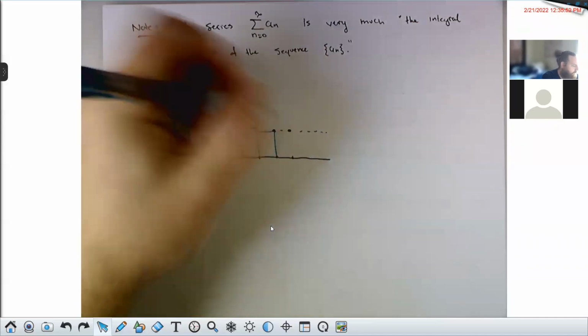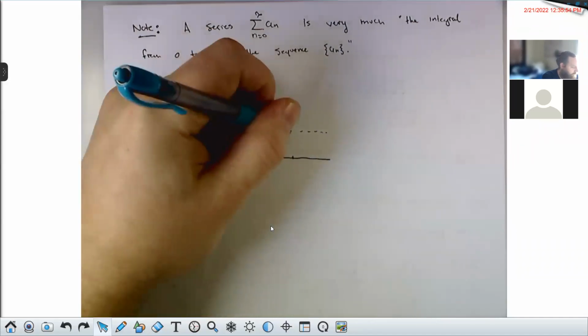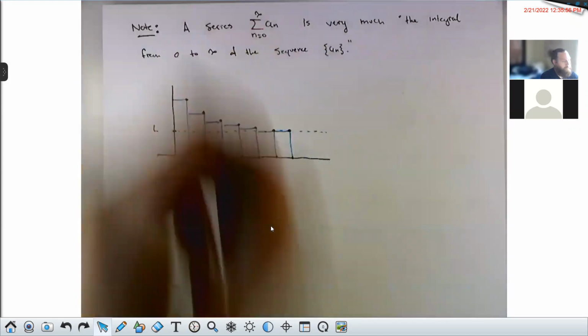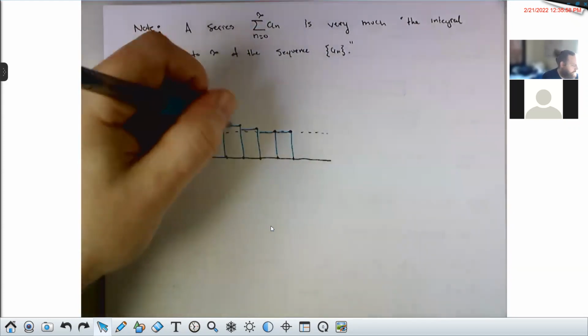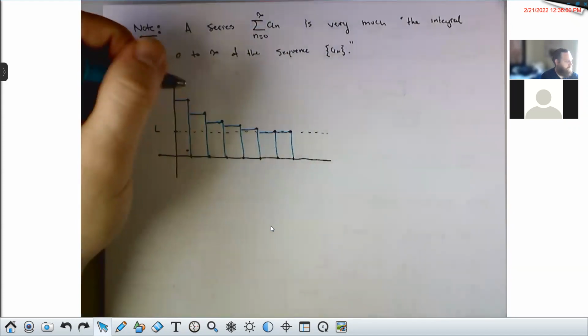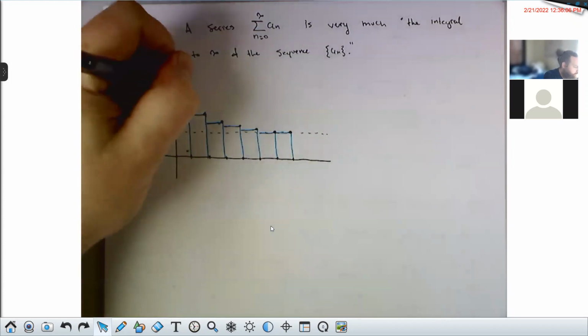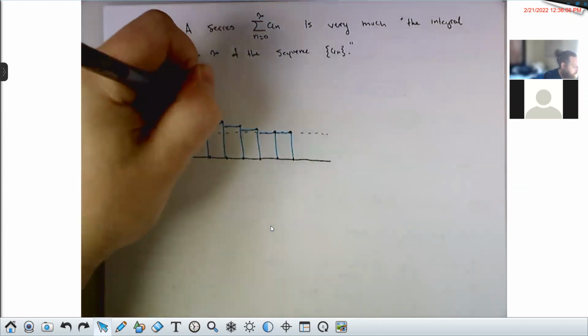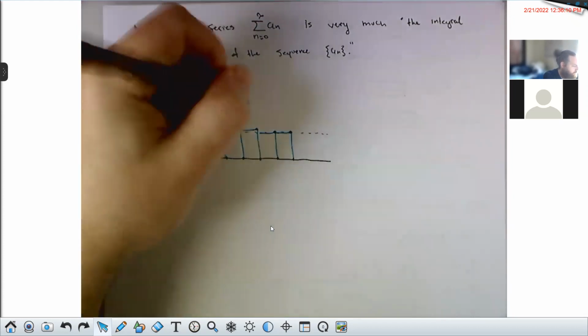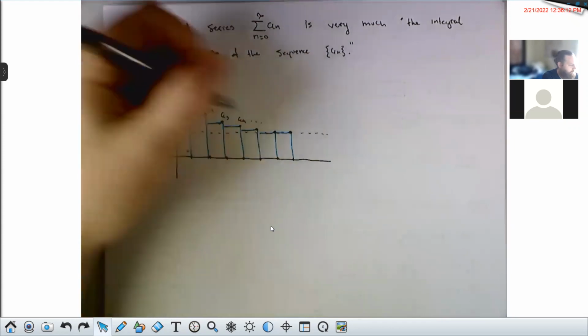Sure, there's no area under each dot. Each dot has width 0, but there's also nothing going on between any two dots because the domain is just the integers. So the height of this first dot is a_1, this is a_2, this is a_3, this is a_4, and so on.